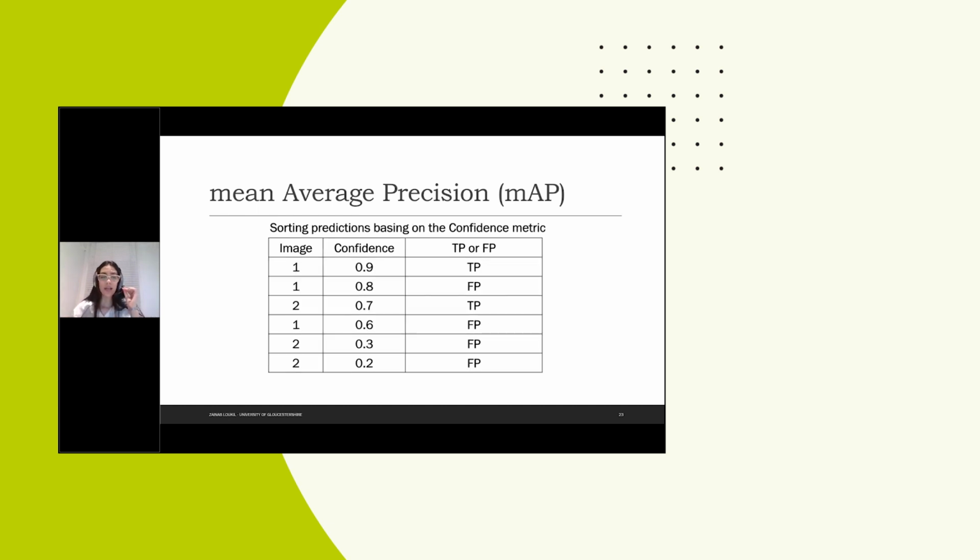Then you need to sort these predictions based on the confidence metric. So in here, my top confidence metric is 0.9 and the lowest one is 0.2. And the true positive and false positive, presented by TP and FP, remain the same.